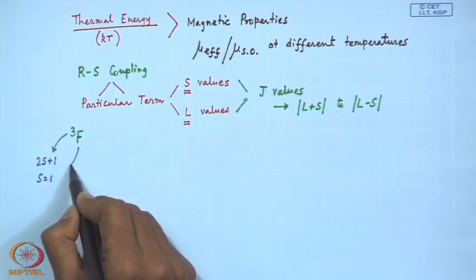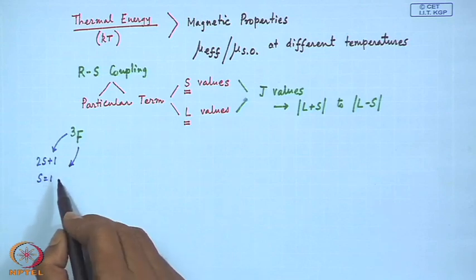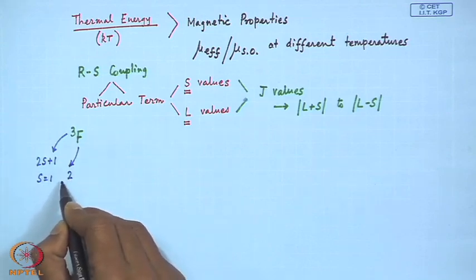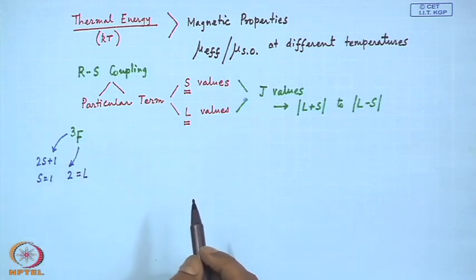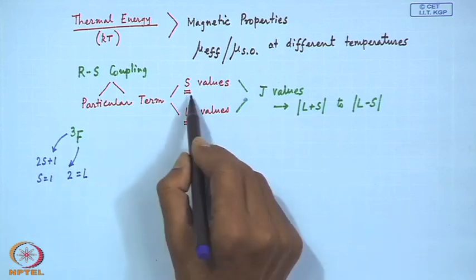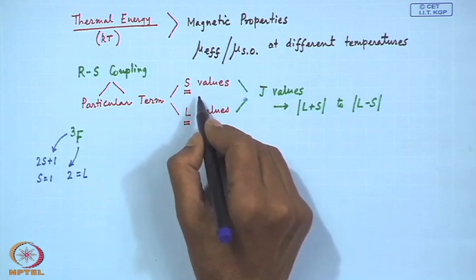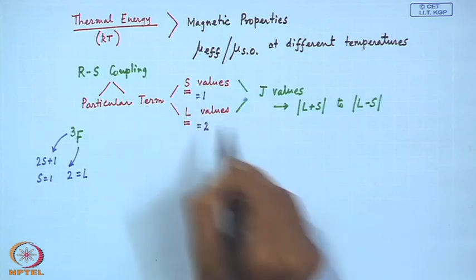For F, the corresponding L value follows SPDF, that means 0, 1, 2, 3. Hmm, so S is equal to 1 and L is equal to 3.